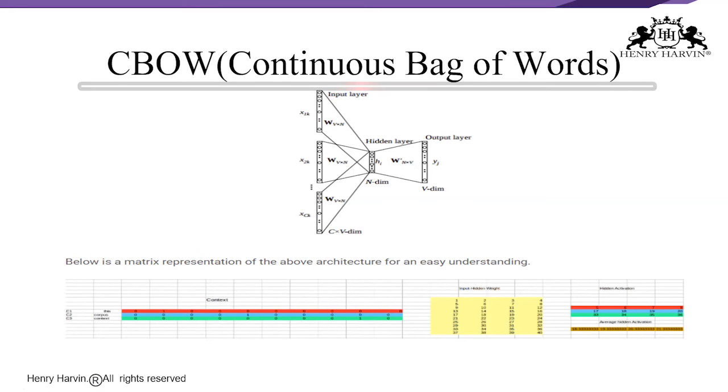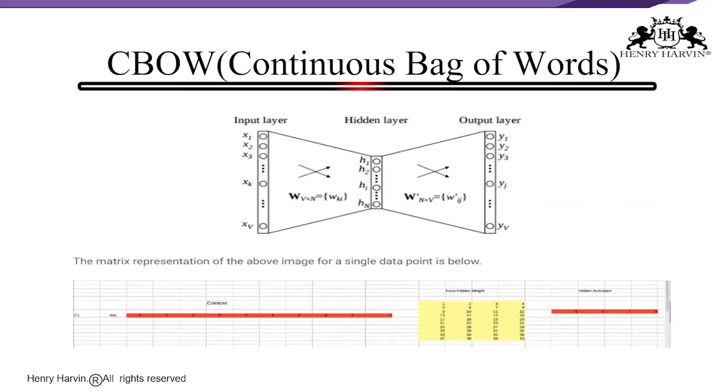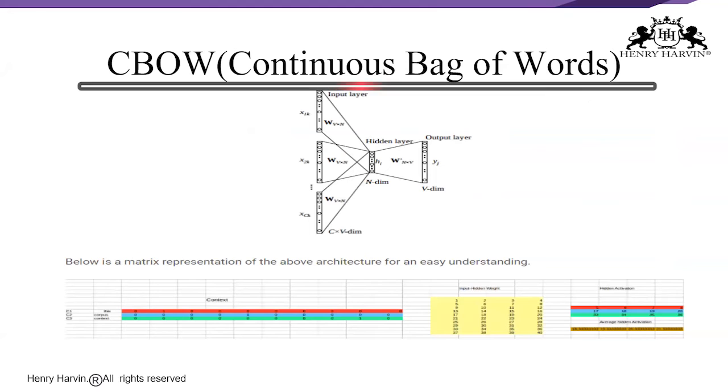For example, if we have three context words for a single target word, we will have three initial hidden activations, which are averaged element-wise to obtain the final activation. In both the single context word and multiple context word images, we can see how that changes. Here it is single, and here it is for multiple.